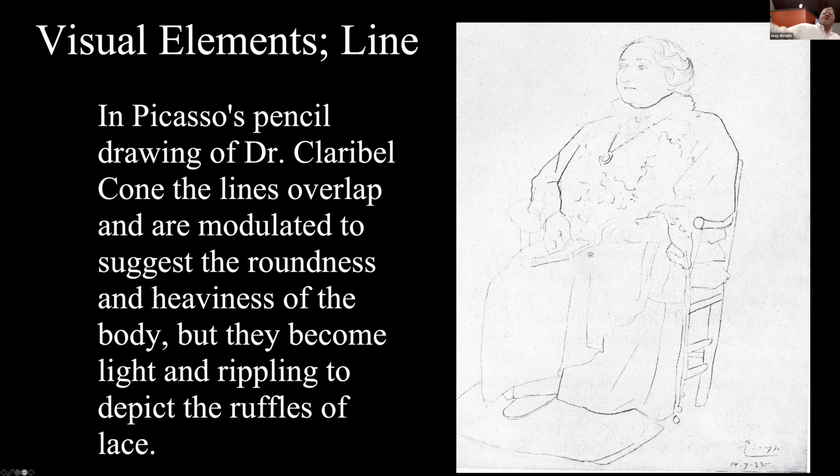And so he uses some of the lines of the perimeter to create this mass that says, hey, Dr. Clarabelle was a big gal, big gal. But then he uses some different work within the ruffles in her shirt and the ruffles on her sleeves to talk about the softness of her, right? And the sensitivity of her. And so he's using all of this, and he literally sketched this in like 30 seconds because you got to pay the rent, got to get that out.